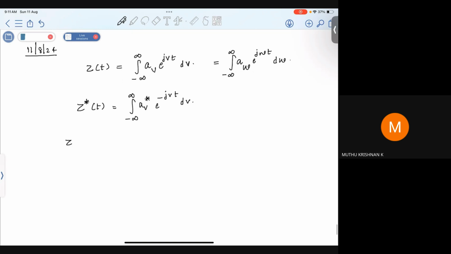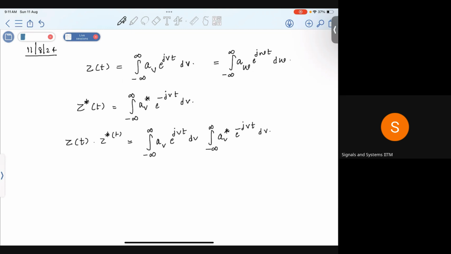Now I have to multiply z of t with z star of t, so how do I do that? Integral from minus infinity to infinity of A(v) e^(jvt) dv, times the integral from minus infinity to infinity of A(v) star e^(-jvt) dv, correct?